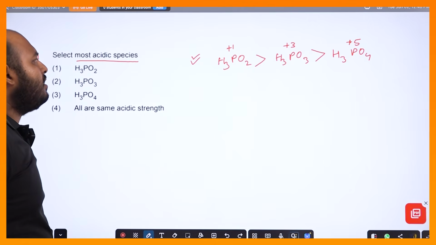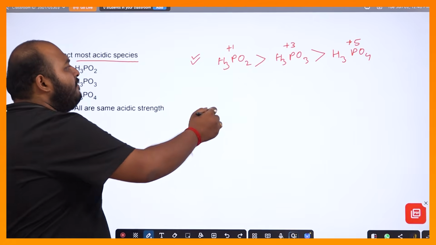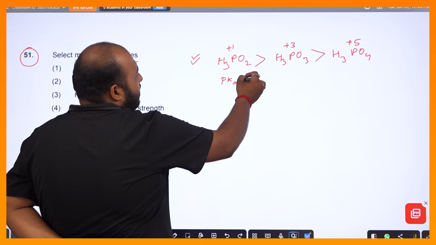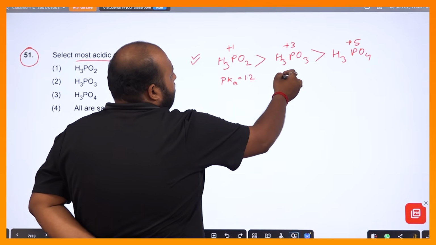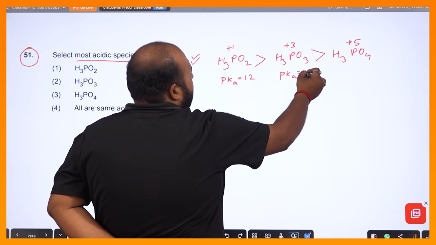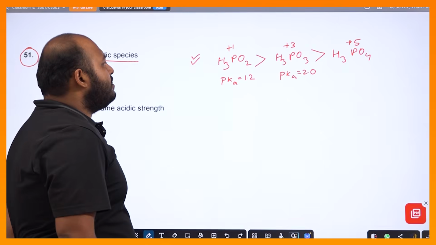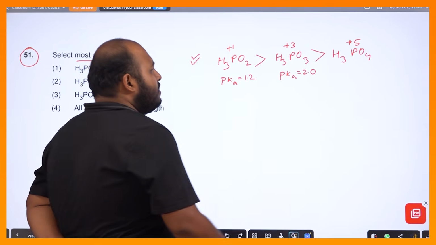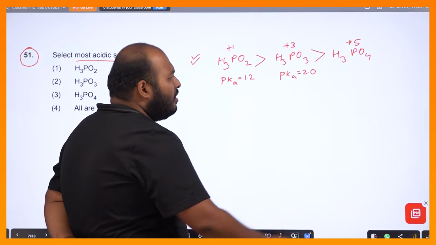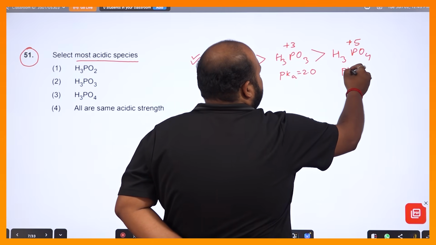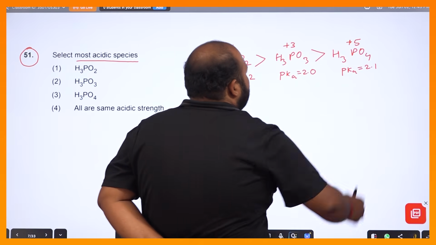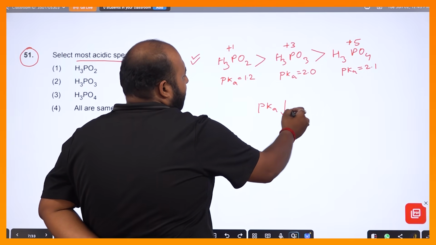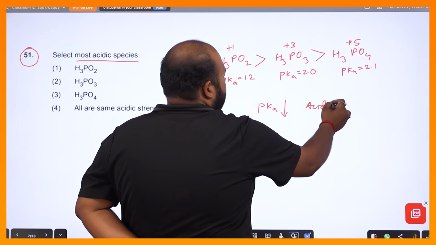If we want to go through that, we can also add the pKa values here. The pKa value for H3PO2 is around 1.2, for H3PO3 the pKa is 2.0, and for H3PO4 the pKa will be around 2.1. So we know that the lesser the pKa value, the higher the acidity.